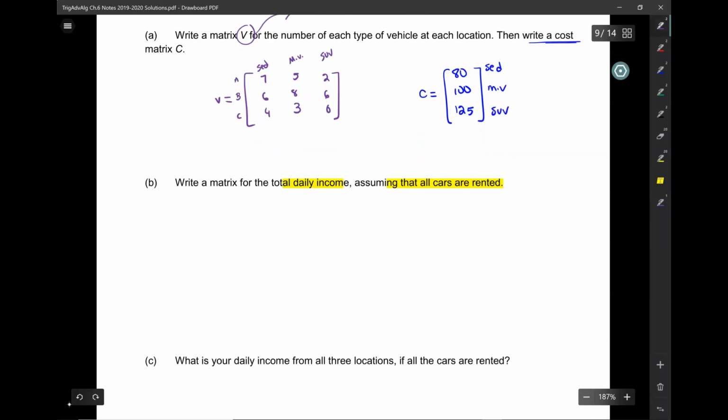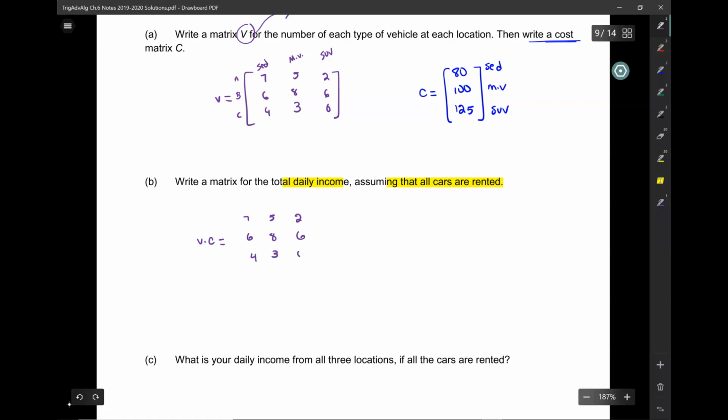So what we're going to do is multiply V, which is all the cars and all the locations, times the C matrix, which is the cost of each of them, right? So now we have 7, 5, 2, 6, 8, 6, 4, 3, 0, times 80, 100, and 125. Can we multiply these?